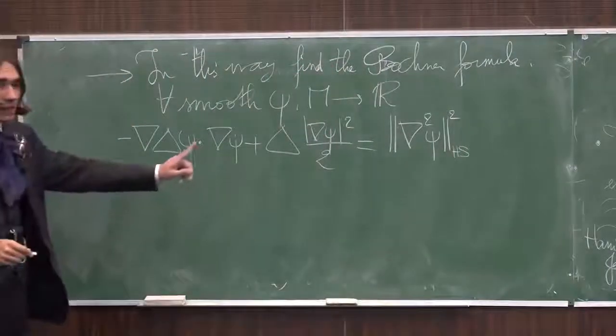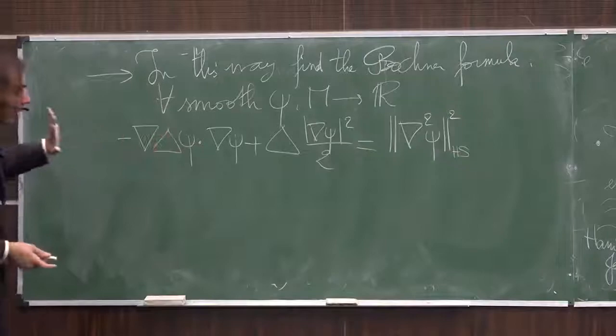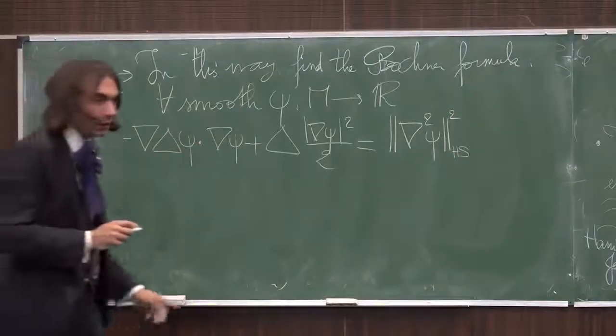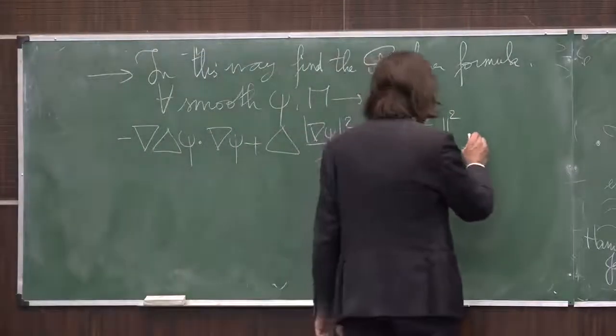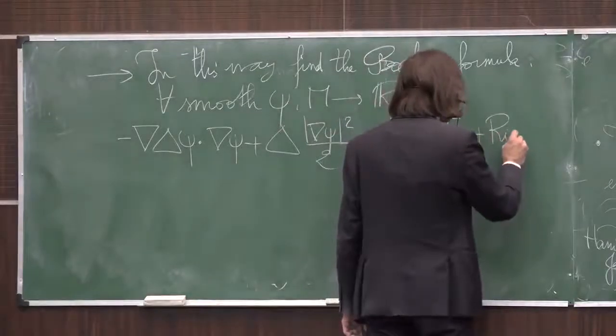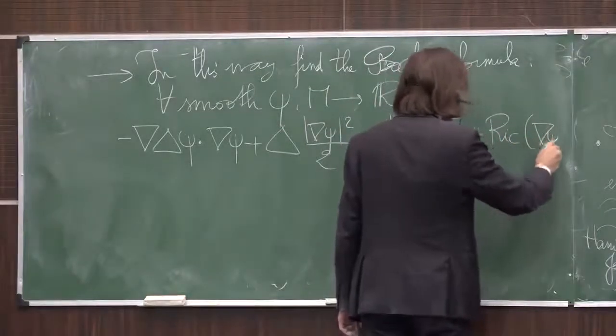Now, if this was flat space, it would be equality, just this. But if it is non-flat, you need another term, and it is Ricci in the direction grad psi.